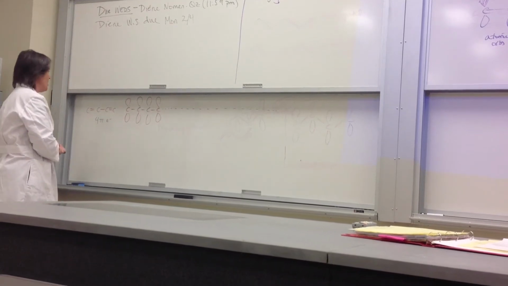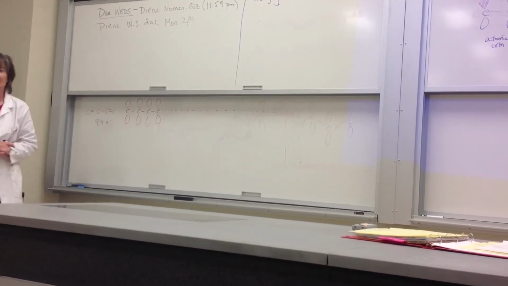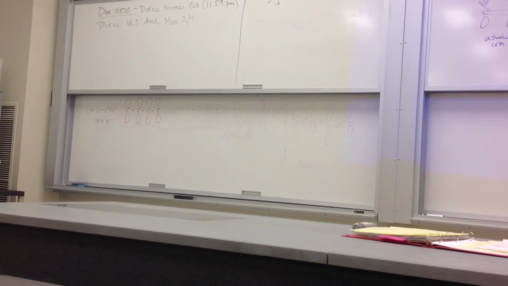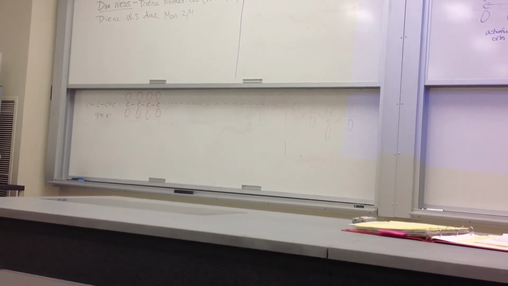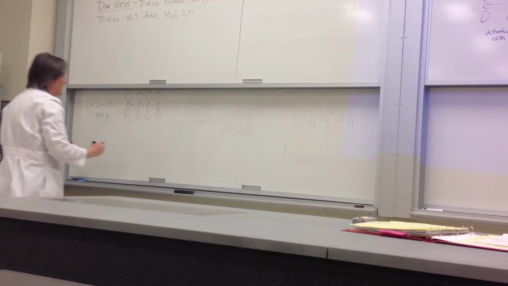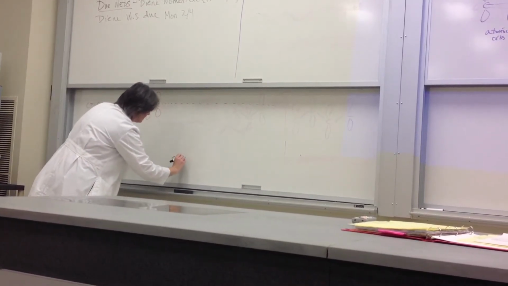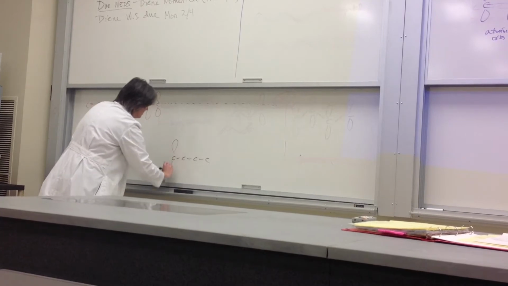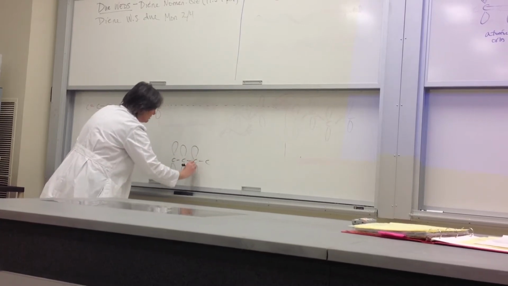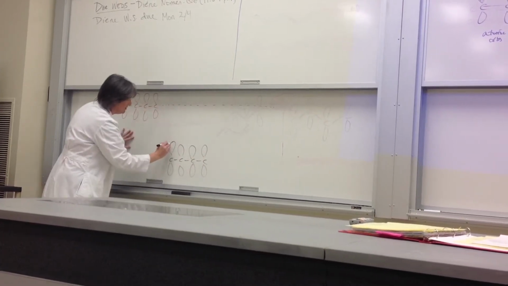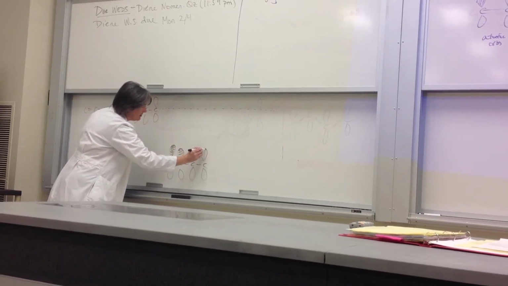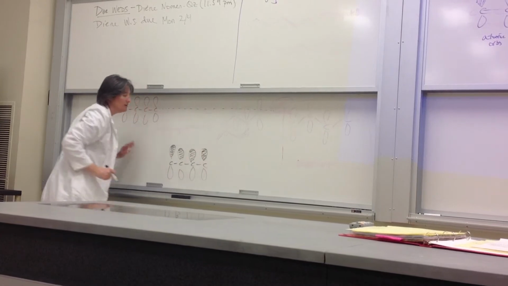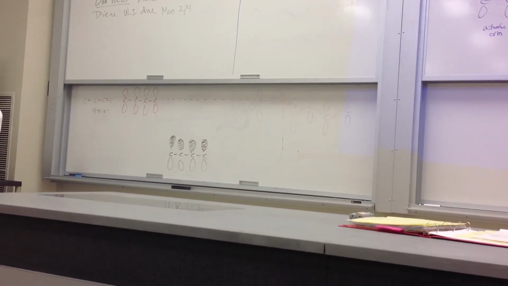So let's draw the one that should be the best. That would be the one with no nodes, right? 0 nodes. So all the signs are going to be the same across. So that one is going to look like this. Okay.